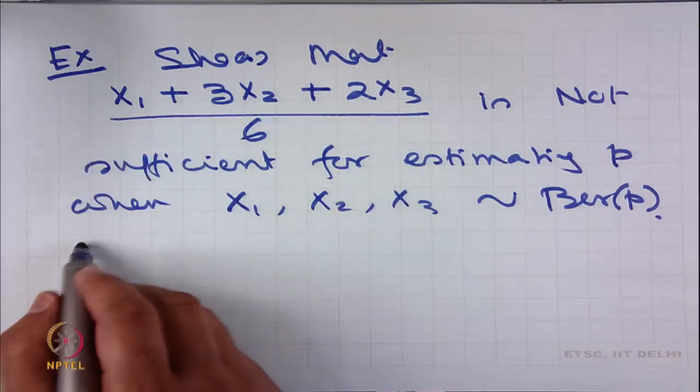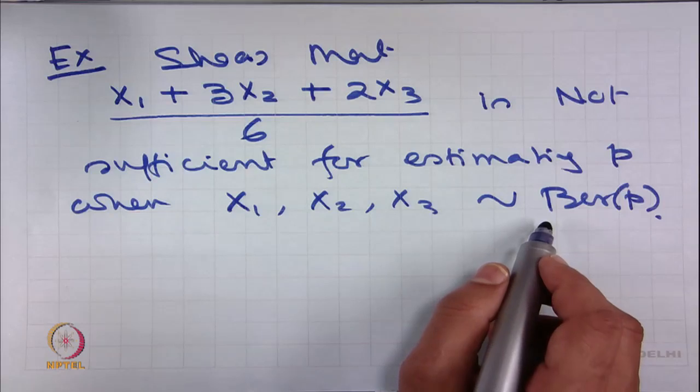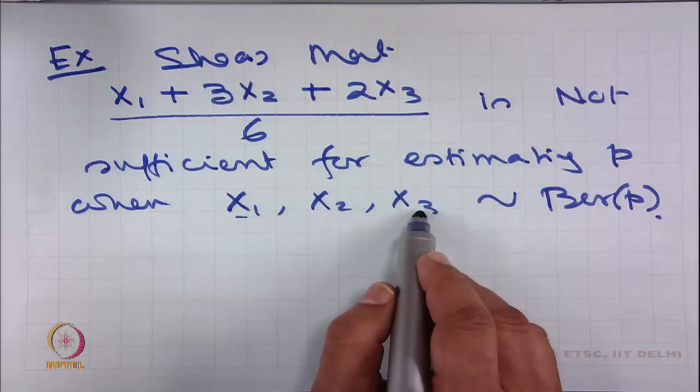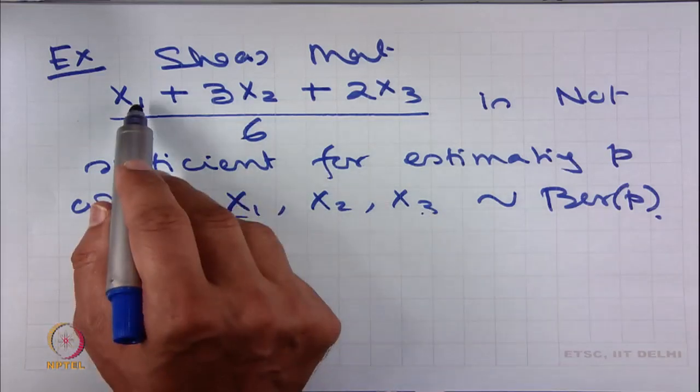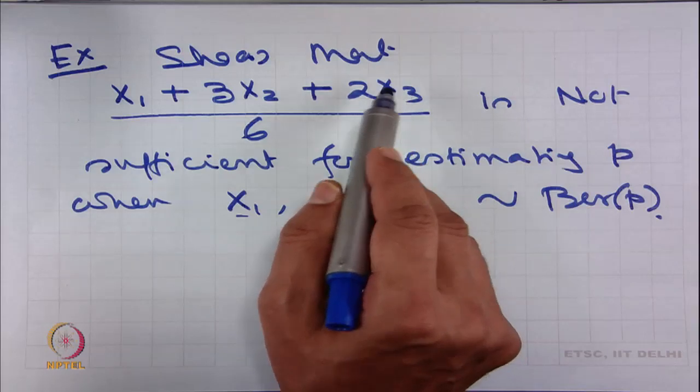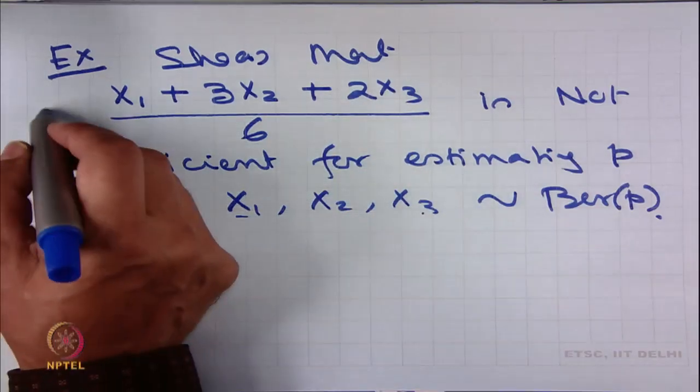So, we have a Bernoulli distribution, we have taken 3 observations from here, and my statistic is X1 plus 3 X2 plus 2 X3 by 6. Let us call it T.